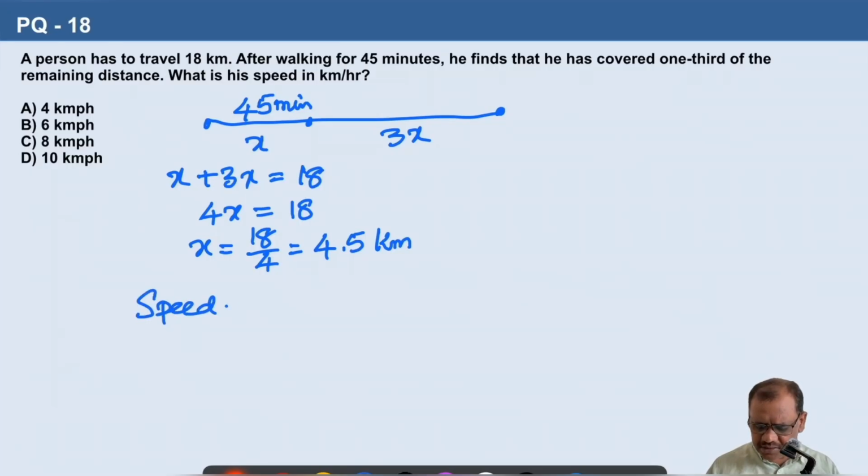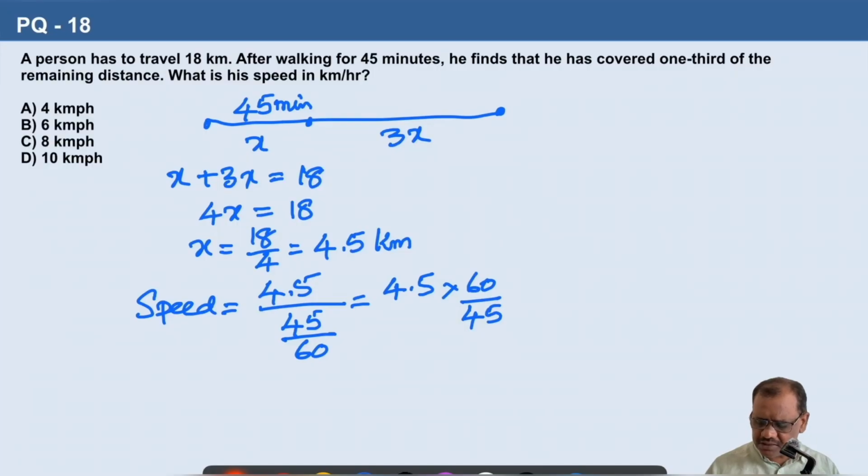So speed is distance by time. 4.5 kilometers is the distance and the time of traveling is 45 minutes. If you divide that by 60, it is converted into hours. Now simplify this. 4.5 multiplied by 60 by 45.